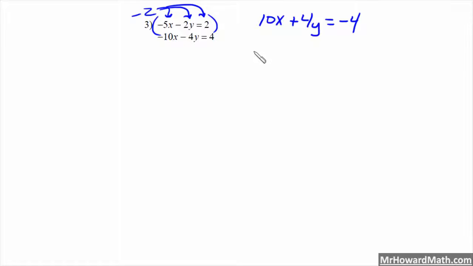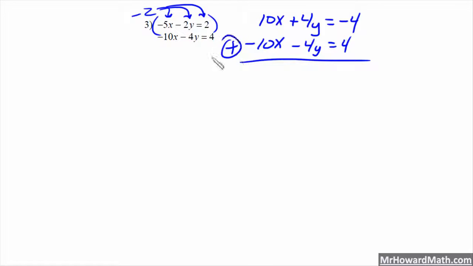Okay, then write the bottom equation, so negative 10x minus 4y equals 4. That didn't change, that's the same as it was before. Now combine the equations through addition. So 10x plus negative 10x is just 10x minus 10x, so 0x, cancels. 4y minus 4y is 0y, cancels.